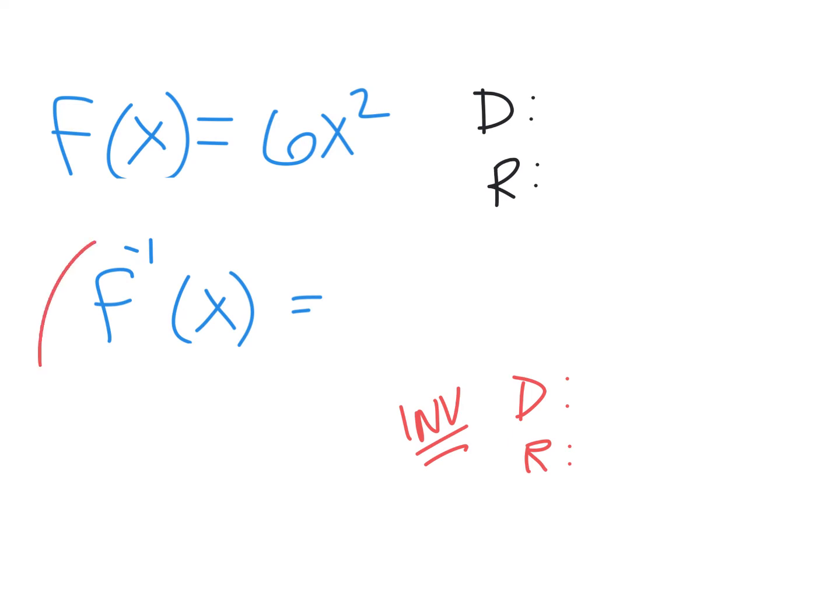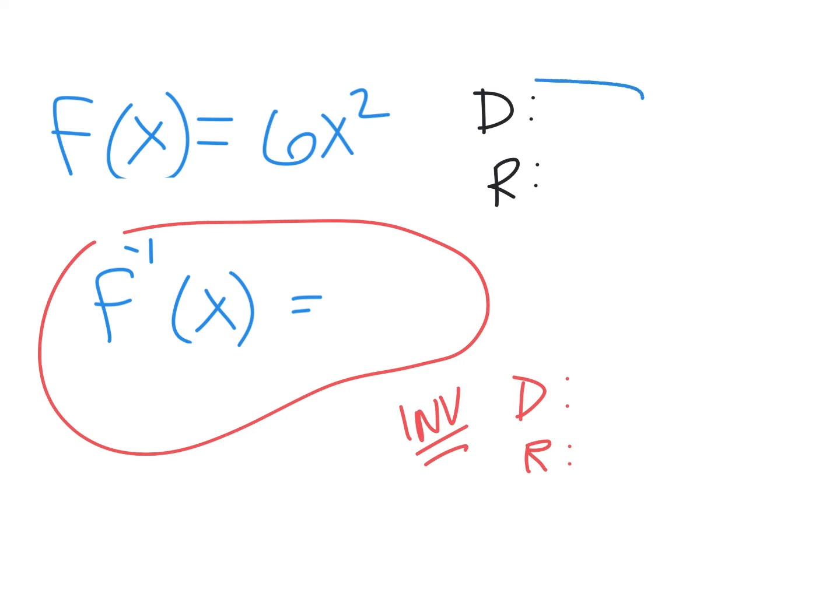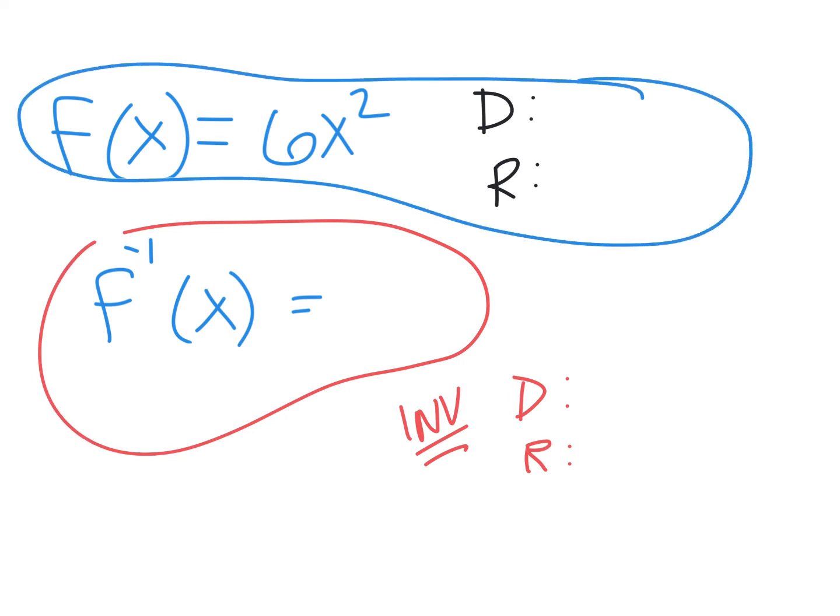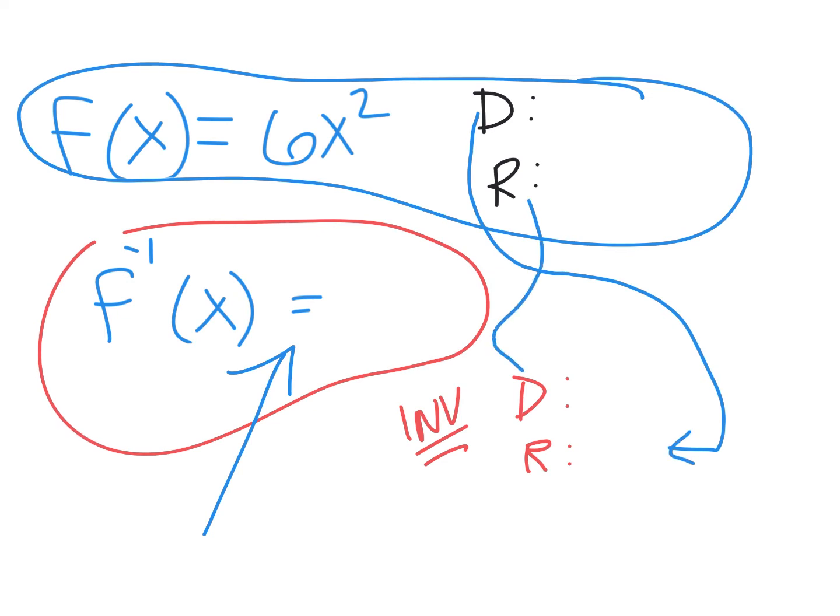They think, well, I'm just going to find this and get its domain and range. That doesn't work. You need to find the domain and range of this one. Sometimes when you get this answer and you think you see its domain and range, it's wrong. If you find the domain and range of the original, you just flip-flop them. So the domain becomes the range, and the range becomes the domain.